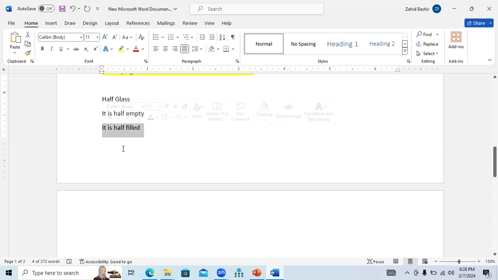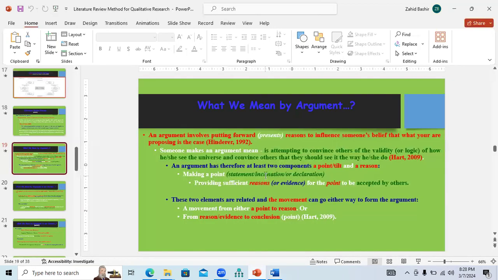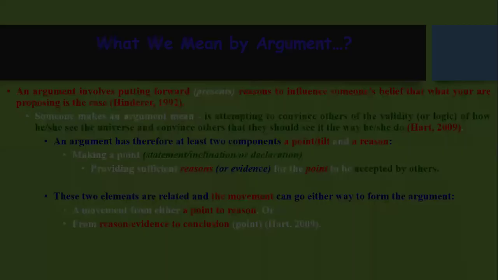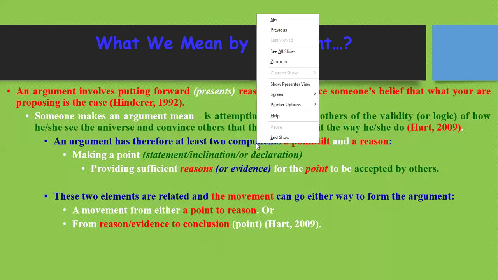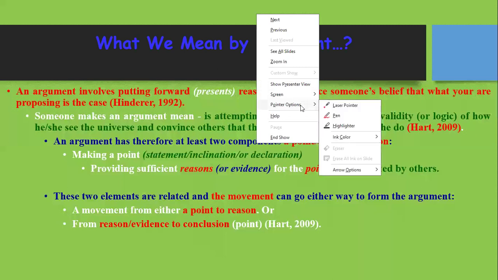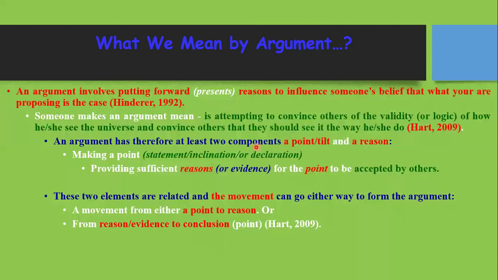So there is a difference of opinion, but you need to create your argument. You need to validate your argument with some strong premises and with some strong evidence. So an argument has therefore at least two components. Now this is where I have located you. Making a point, a statement, inclination, or declaration.